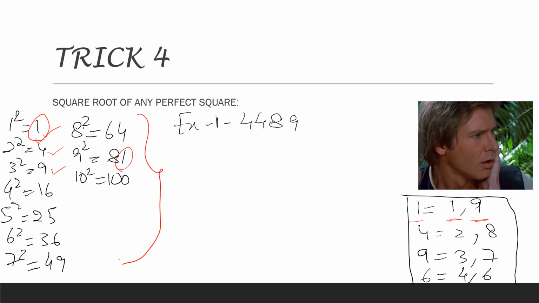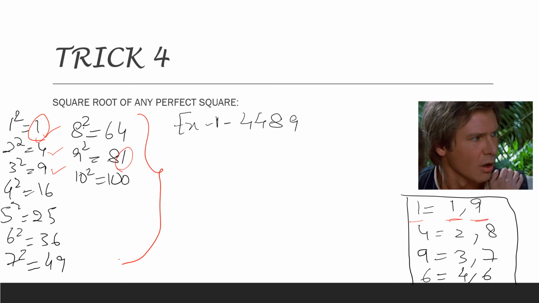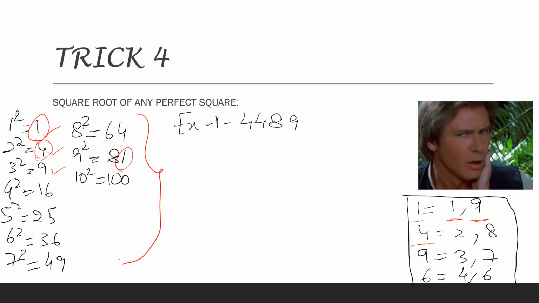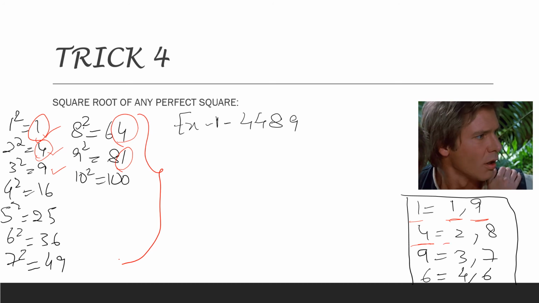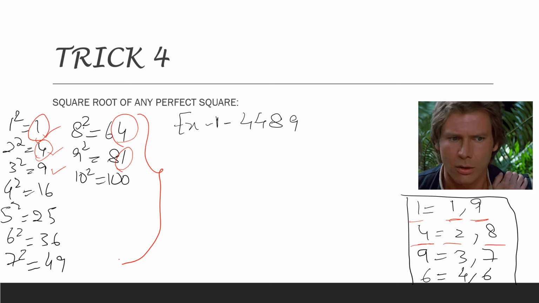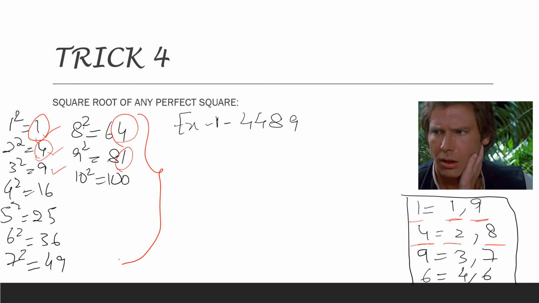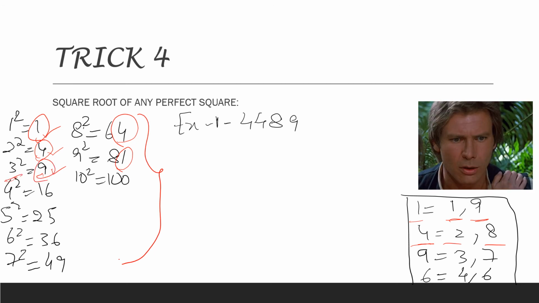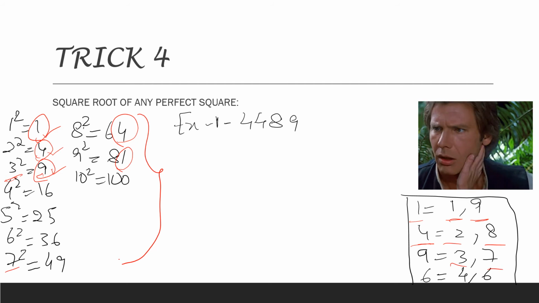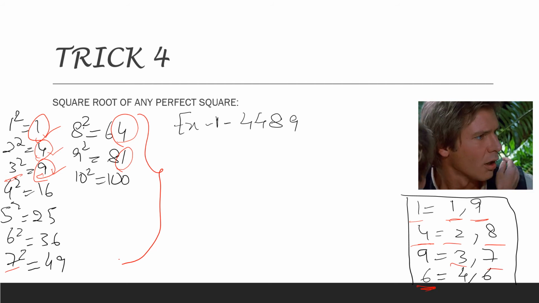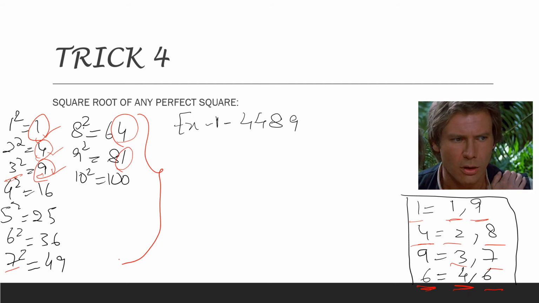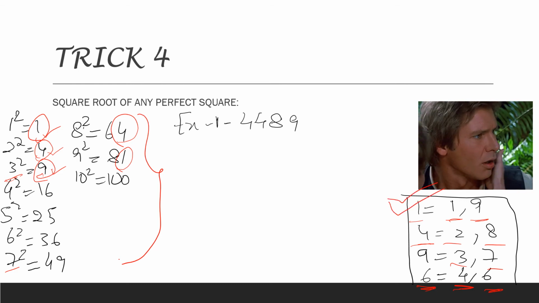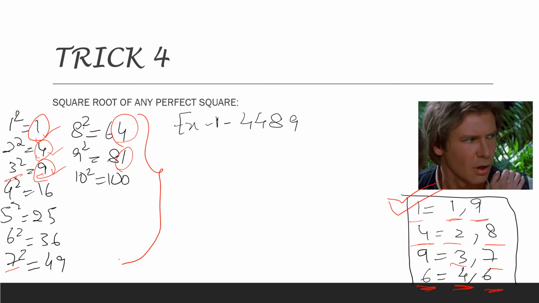Similarly we have 4 in 2 square and 8 square, so we write 2 and 8. For 9 in the units place, it's 3 and 7. Similarly for 6 it is 4 and 6. You need to remember this table, which will help you find the square roots.